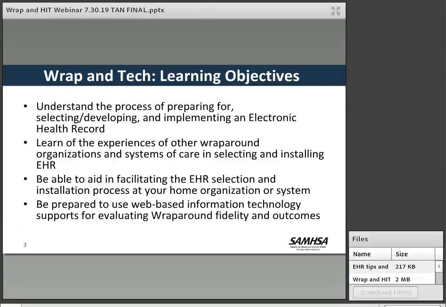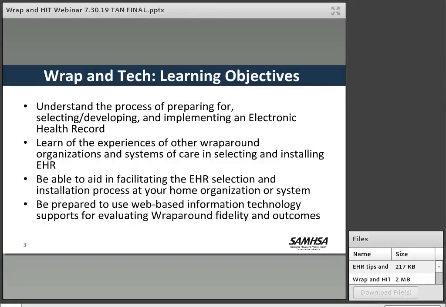A second example, as we will talk about later in this webinar, is that we have received a number of federal grants and contracts to develop electronic health records specific to wraparound that align with the practice model for wraparound.